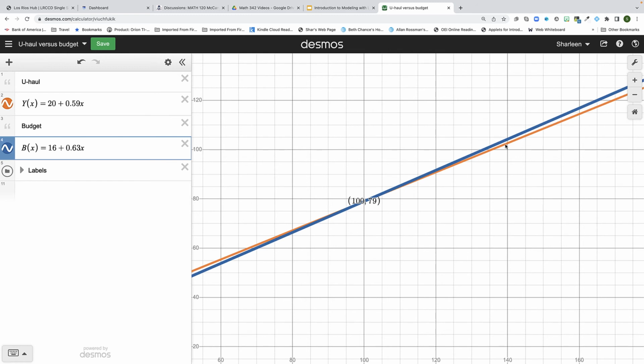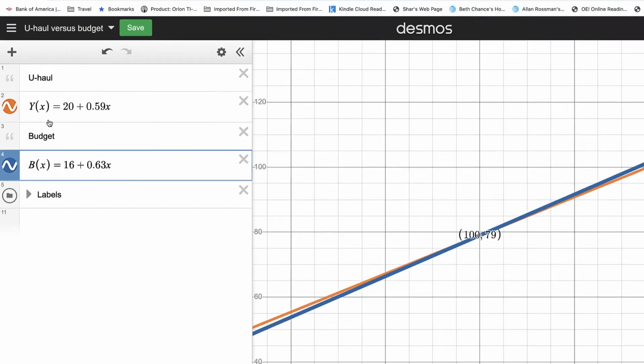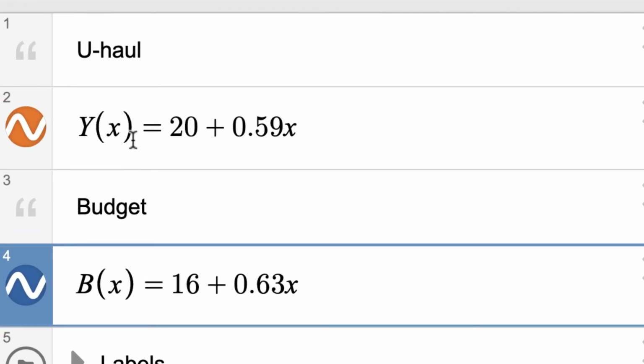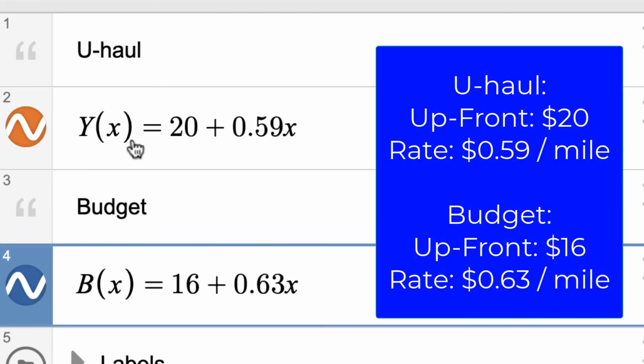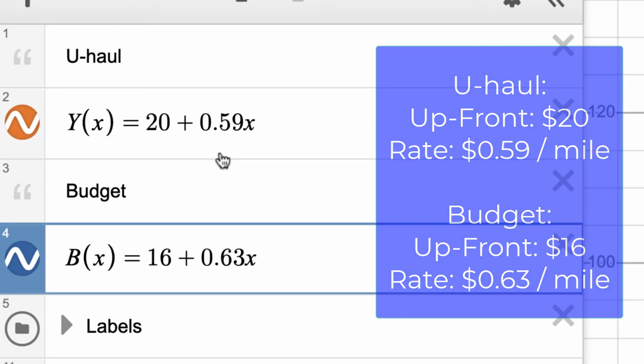So essentially, if you're going to drive more than 100 miles, it would be better to rent from U-Haul than from Budget. Now, looking at the two functions, we can see that U-Haul has a higher upfront cost than Budget, but a lower rate. So in the long run, it's better that you go with the smaller rate because you'll be paying less per mile.